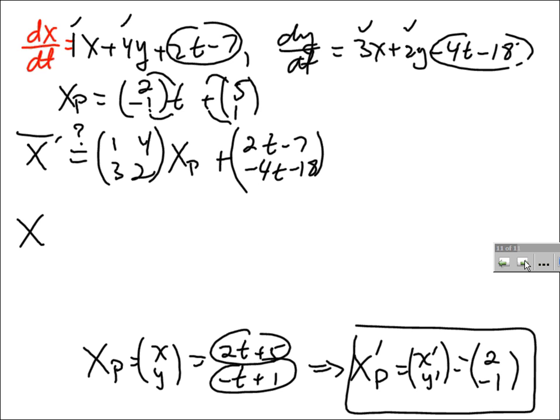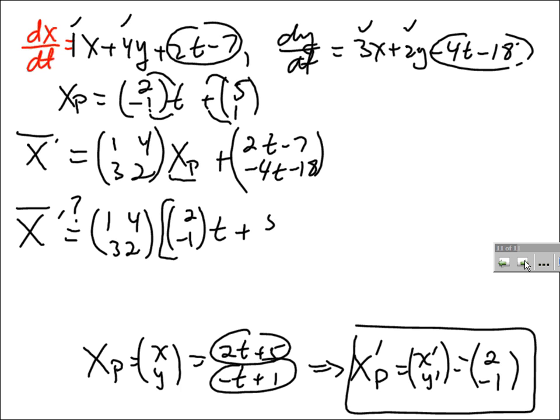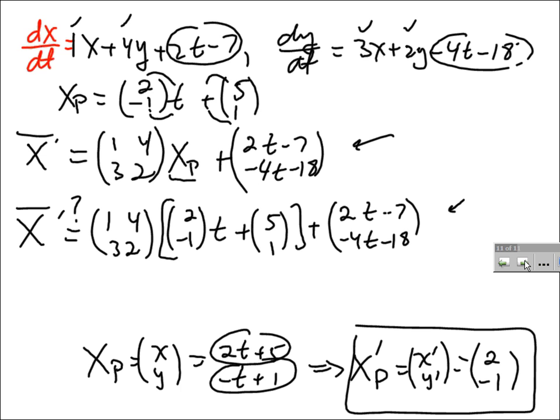Actually, we know that's true. Now we want to know if it's true for our given x. Our given x is (2, negative 1) times t plus (5, 1). Don't forget to add on everything else. All I did from this line to this line was substitute in what x sub p is. That didn't change, and plus that didn't change.